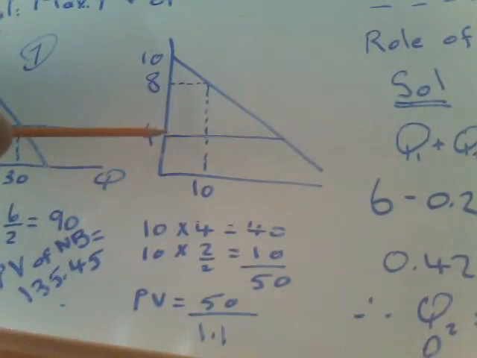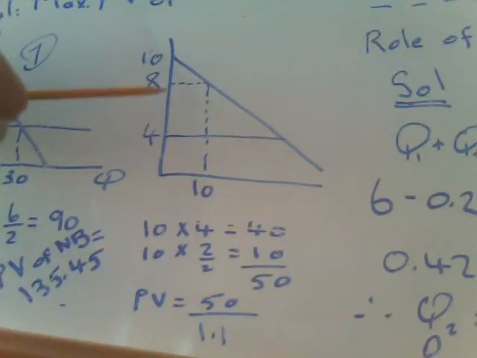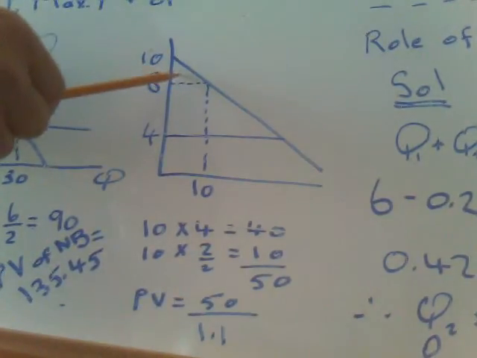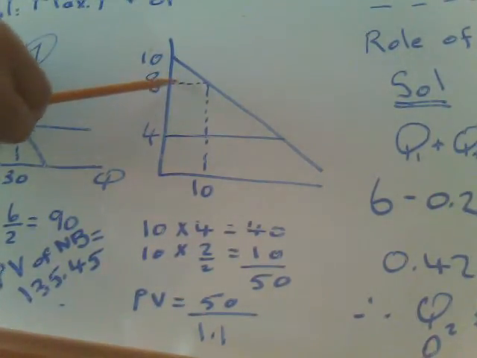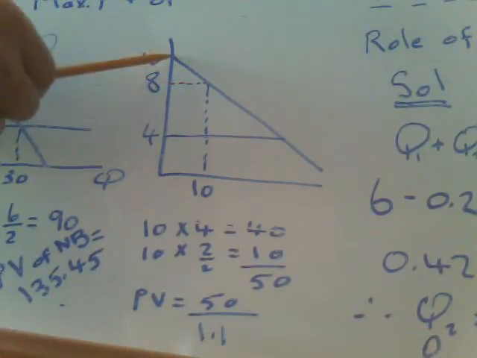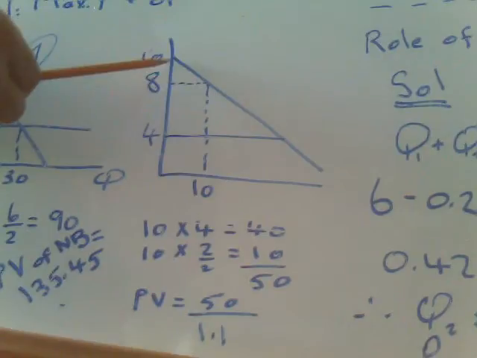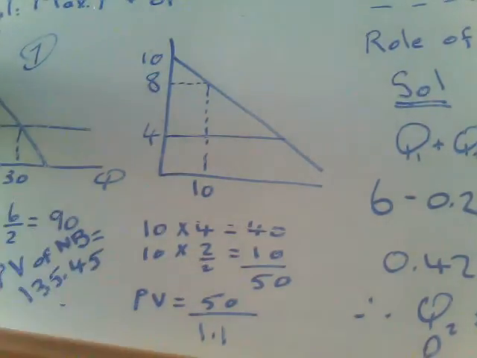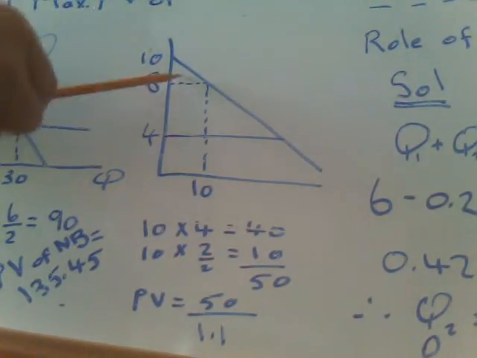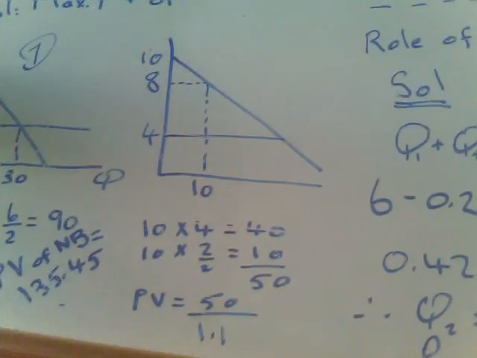It's going to be 10 times 4, because the difference between 8 and 4 is 4, so it is 10 times 4, which is going to be 40. What about the area of this? Well, again, it's going to be the base times the height over 2. So it's going to be 10 times 2 over 2, which is going to be 10. Therefore, the total benefit over here is going to be 50.